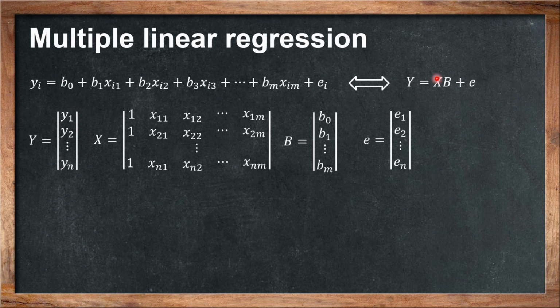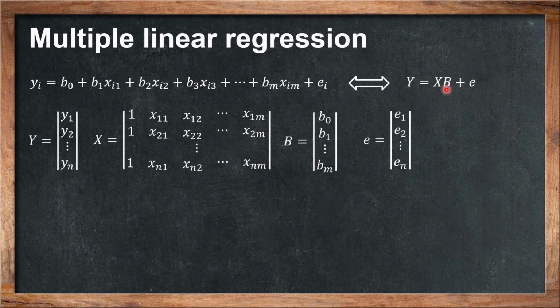In order to compute the parameters, we resort to the same ordinary least squares method, just like in the video devoted to bivariate linear regression. There we minimize the sum of squared residuals. In this case, we will do exactly the same.